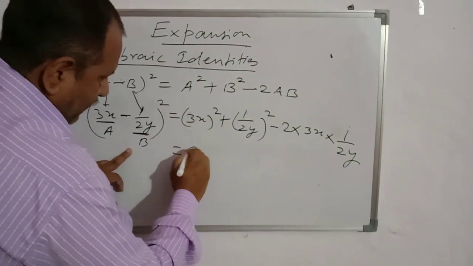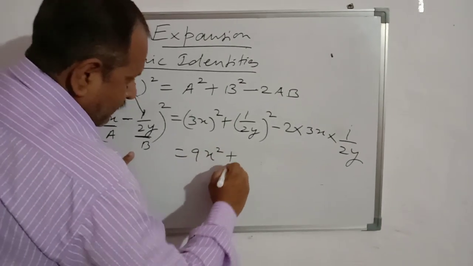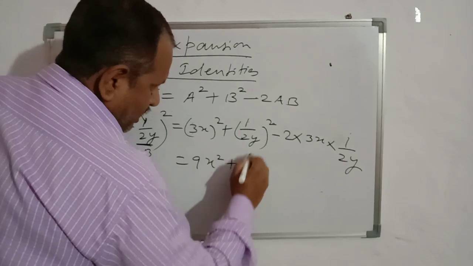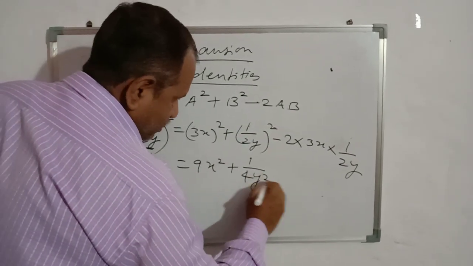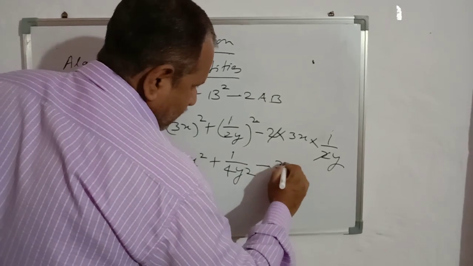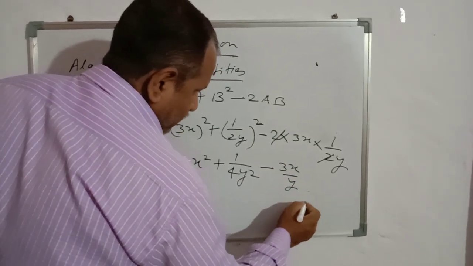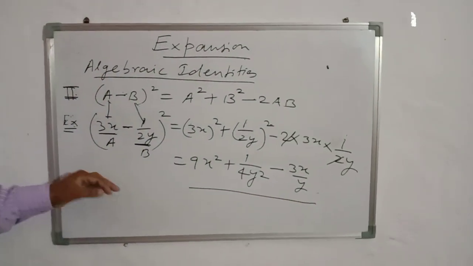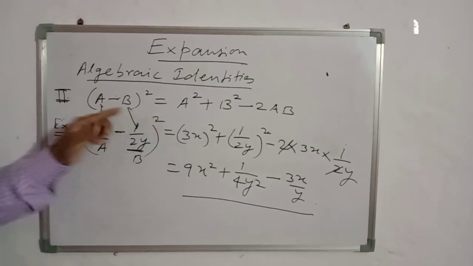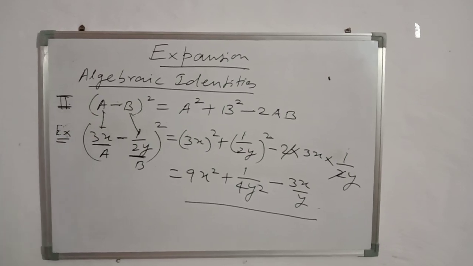So 3 square is 9x square plus 1 square is 1, 2 square is 4, and y square is y square. Here 2 cancels with 2, we will get minus 3x upon y. This is the expansion of 3x minus 1 by 2y whole square using the second identity.